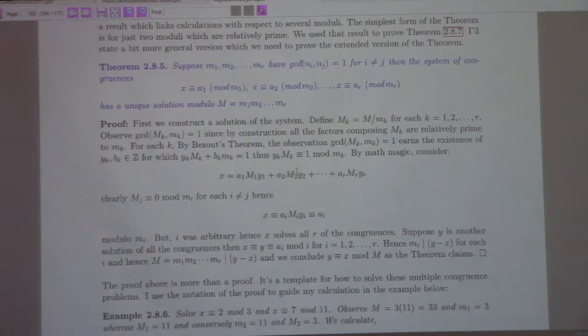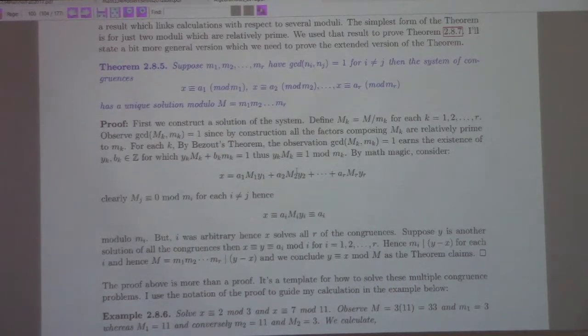And so then, by math magic, you consider the weighted sum of these. These are built from the inverses, which I just explained the existence of, and the a's, which come from the original system. If you just do a1 times this plus a2 times that, up to ar times that, that's actually the solution.